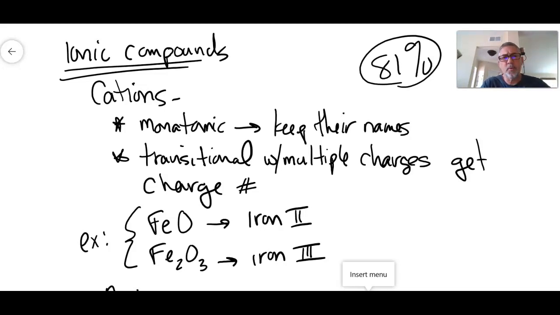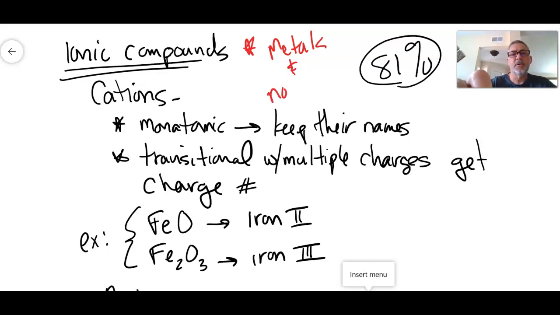So I'm going to review a little bit of ionic compounds in my own homemade video. So ionic compounds, remember when we name them, remember ionic compounds are metals and non-metals. So if there's a metal and a non-metal, it's an ionic compound.